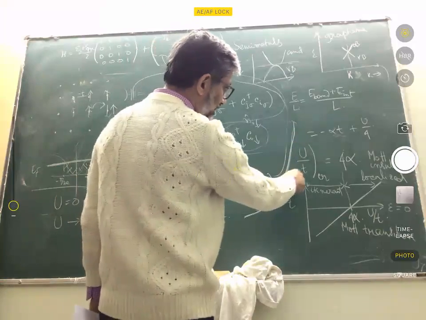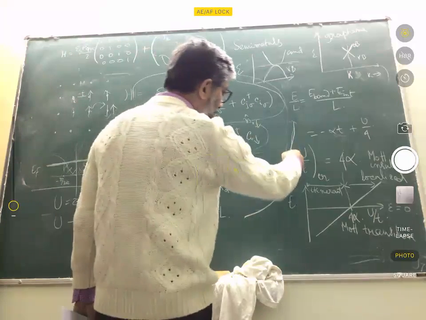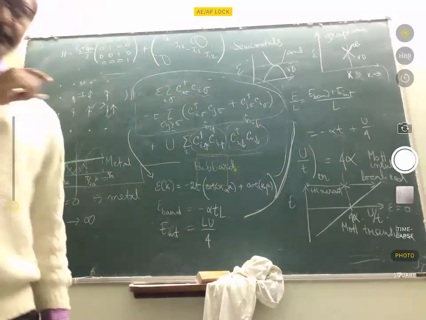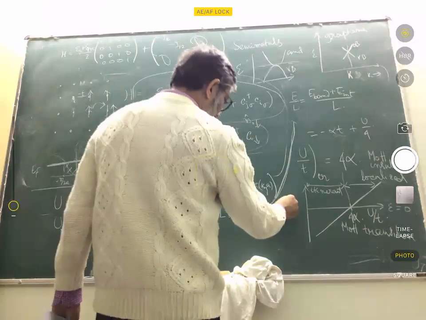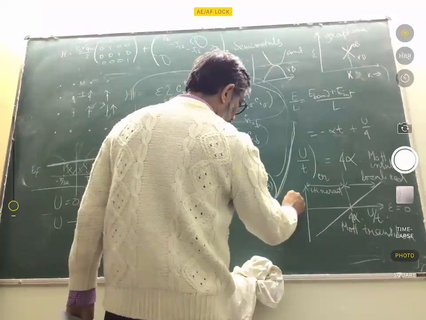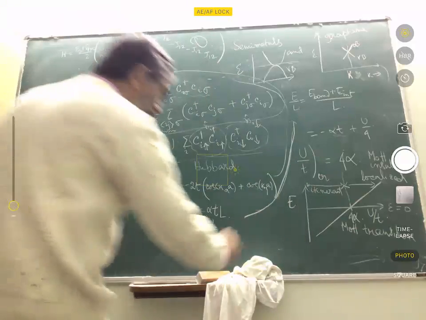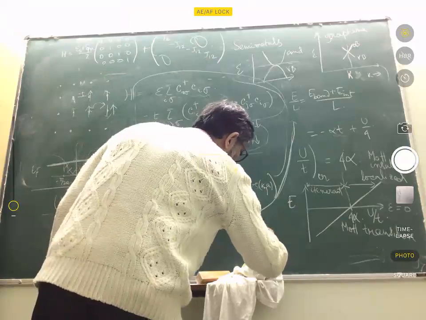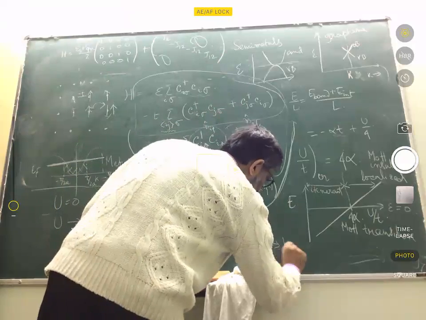So what we see is that what matters in this kind of Hubbard model is the value of U over T. So U over T determines whether a system would be metallic or insulating, and sometimes it's given in terms of U by T, sometimes in terms of U by W, where W is the bandwidth.